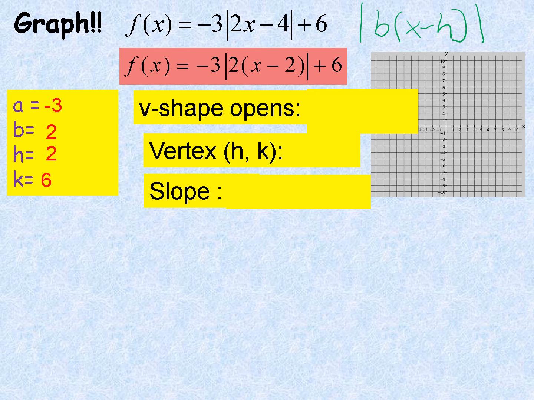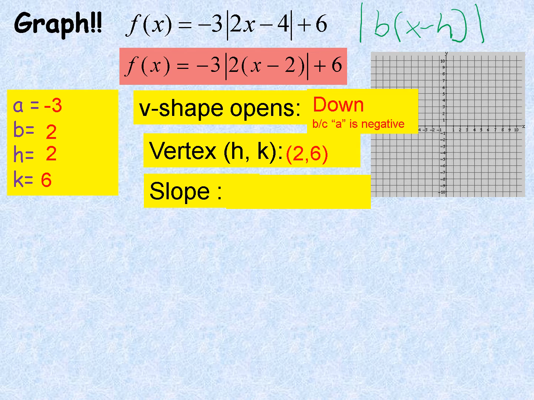The absolute value is going to open, A is negative. So if A is negative, that means it's going to open down. If A was positive, it would have opened up. My vertex is H, K, so my vertex is 2, 6.